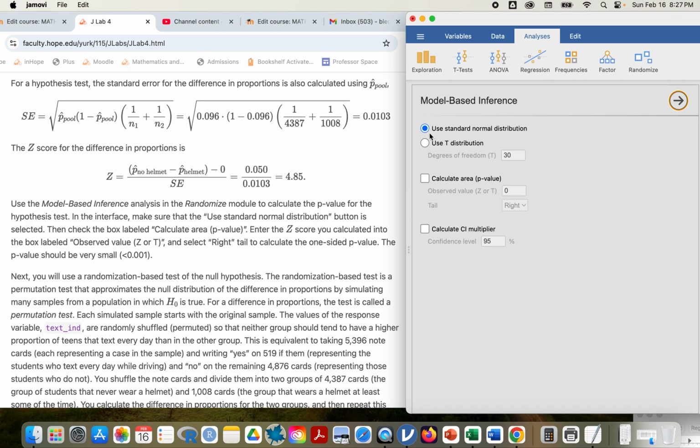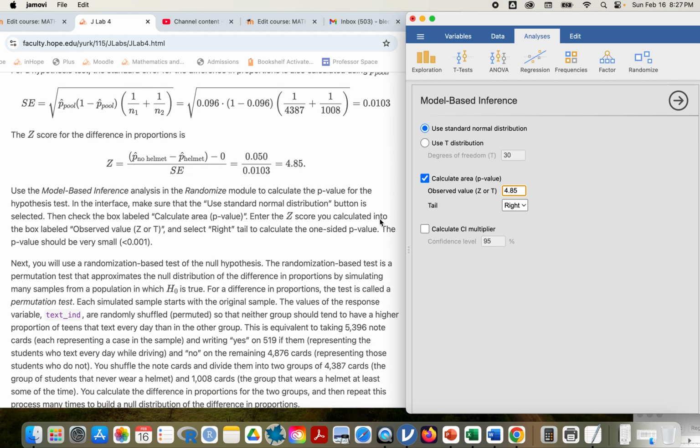We're going to have use standard normal distribution clicked on. Calculate area p-value, click on that. Our observed t or z was the 4.85. Okay, and we are dealing with a right tail.